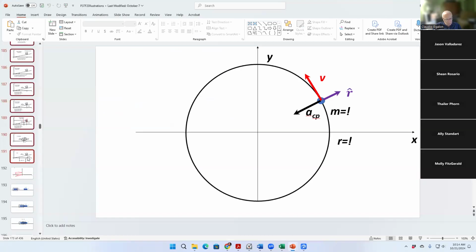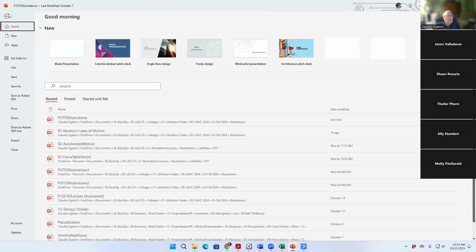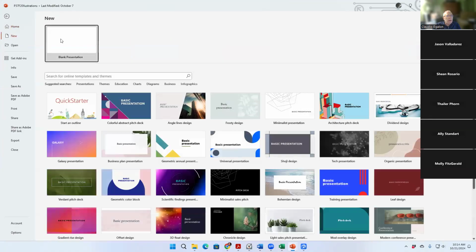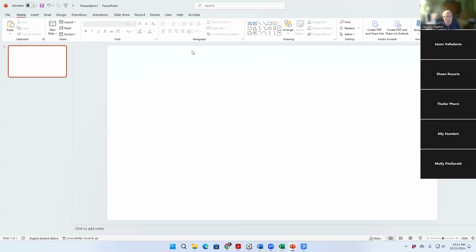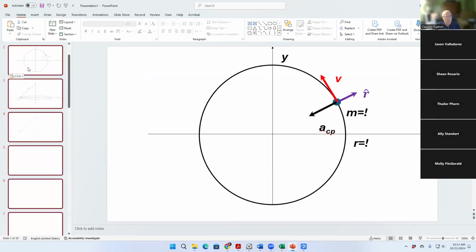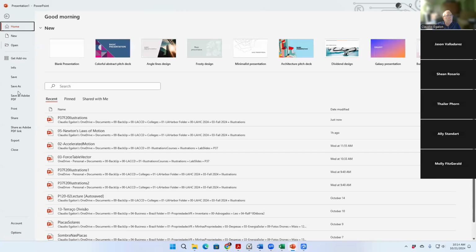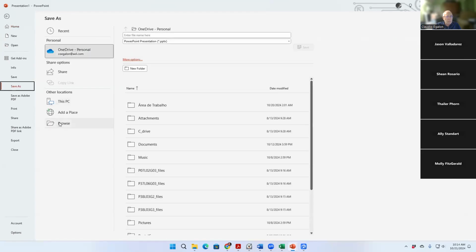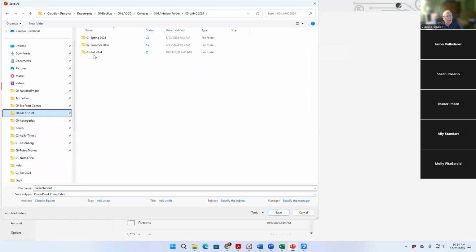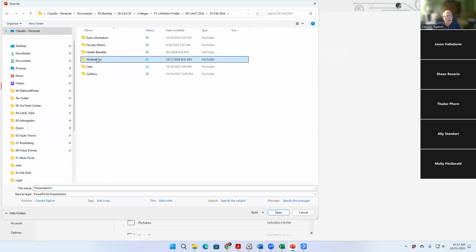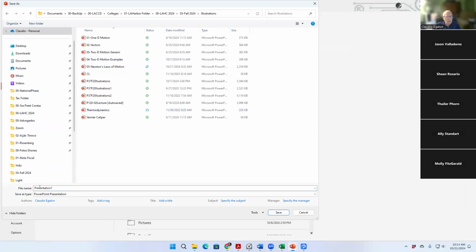All those drawings, I have to save as, browse, navigating inside my hard drive, 06 UCM, uniform circular motion.